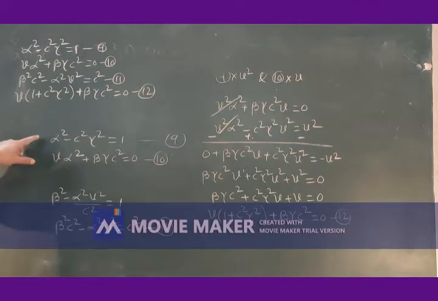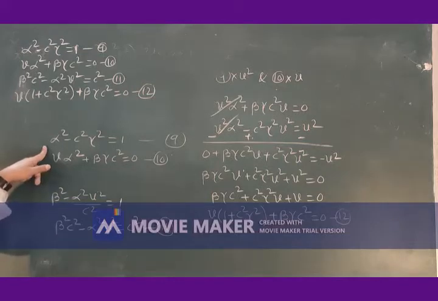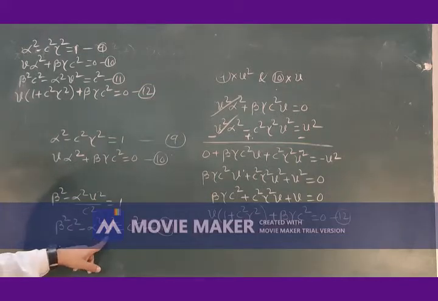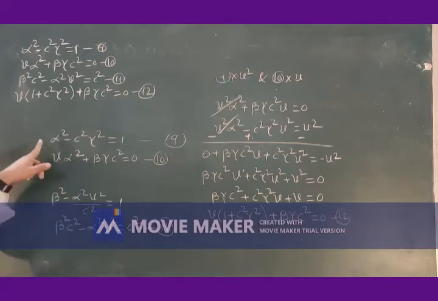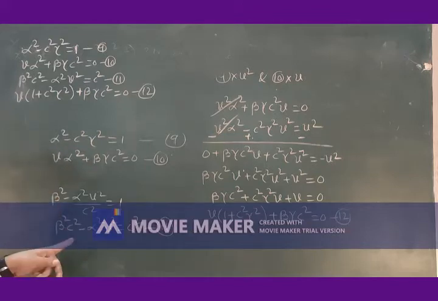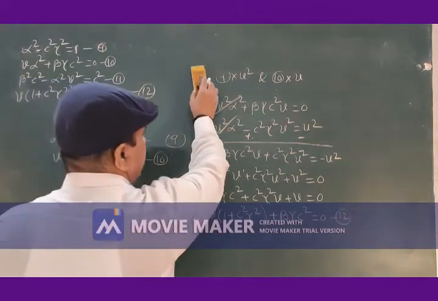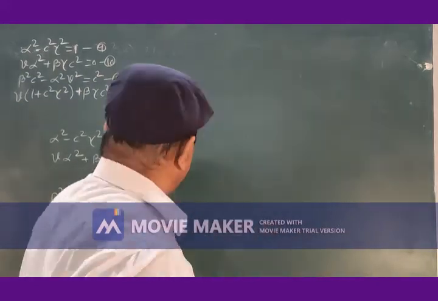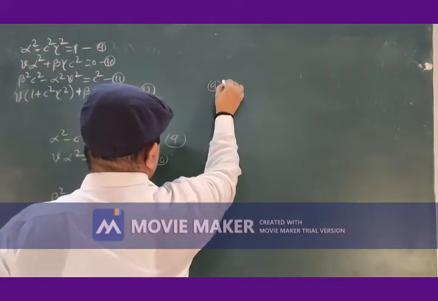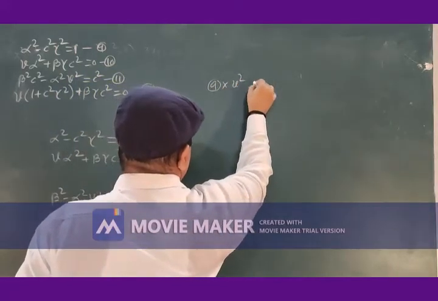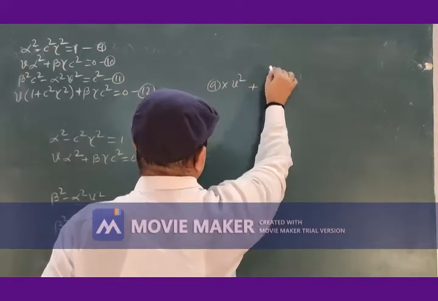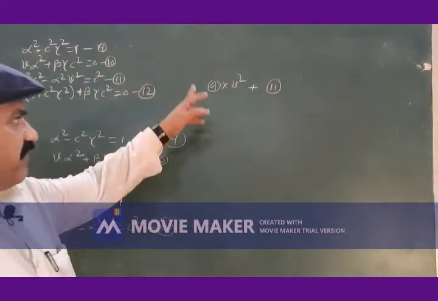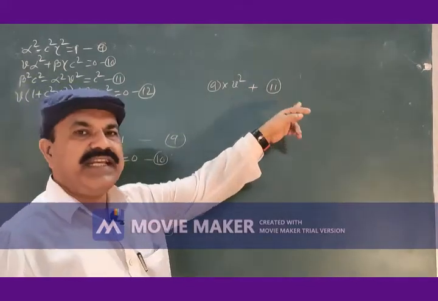Now let us observe equations 9 and 11. Alpha square is here, minus alpha square v square is here. So let us multiply 9 by v square and add it to equation 11.